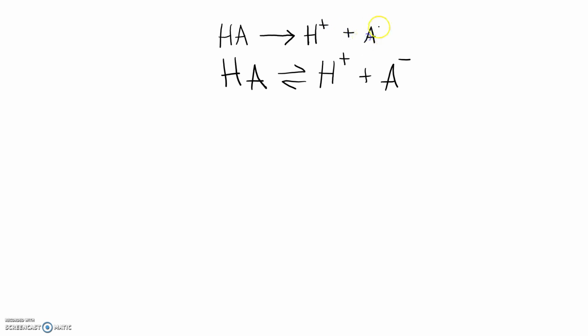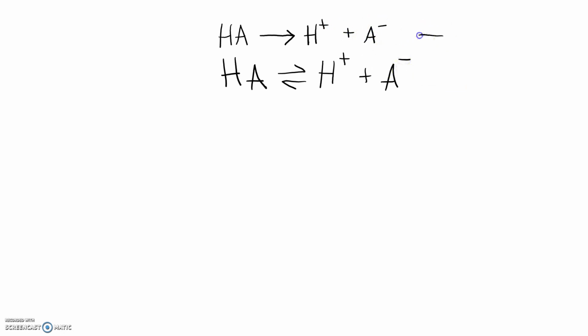So I'm looking for an acid that when I put it into water is not going to completely dissociate into protons and conjugate base, but it's only going to partially dissociate as indicated by these two arrows, the one going forward and one going back, as opposed to a strong acid, which is going to also have the abbreviation HA, but it's going to 100% dissociate into H plus, or protons, and A minus.